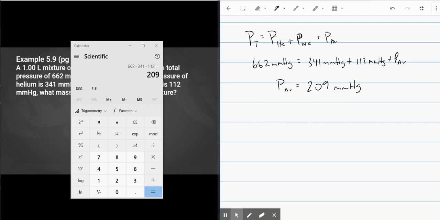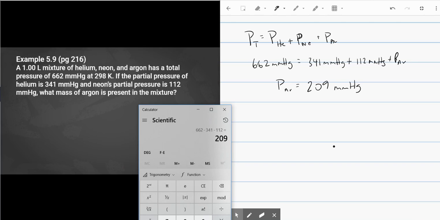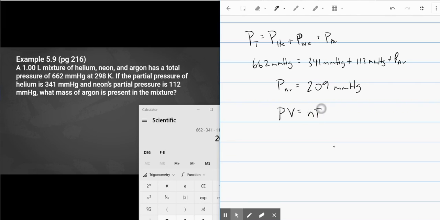Okay, and so how is that going to help us? To get to the moles of argon that we have present, since now we know the pressure and we know the temperature and we know the volume over there, we're actually going to use PV equals nRT.